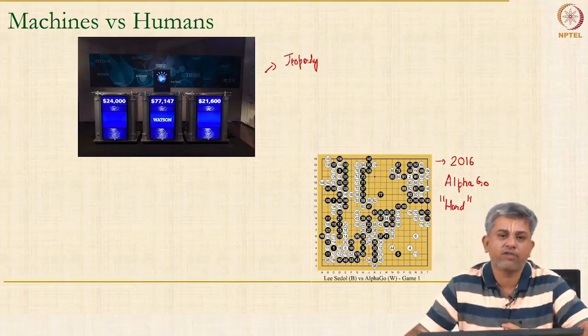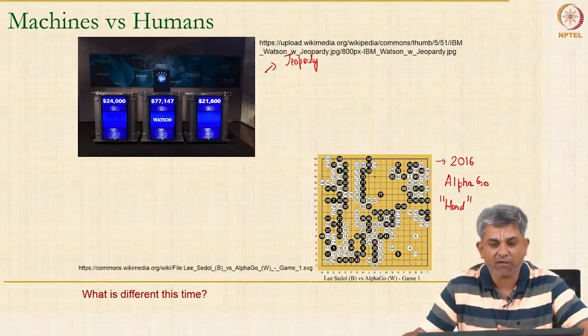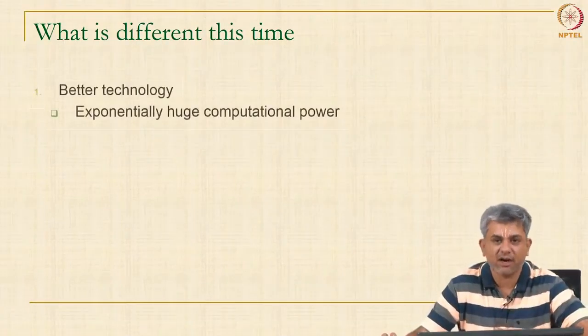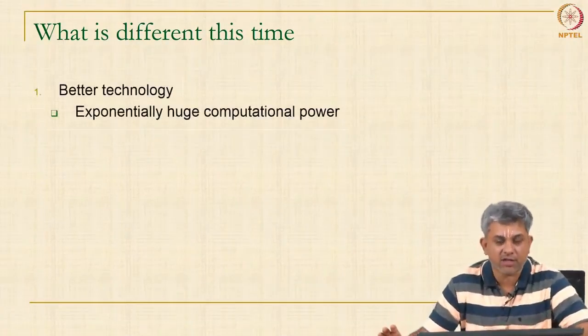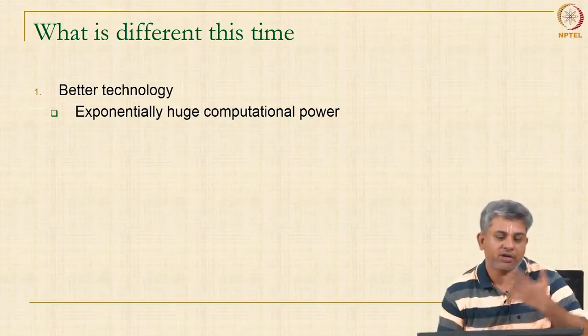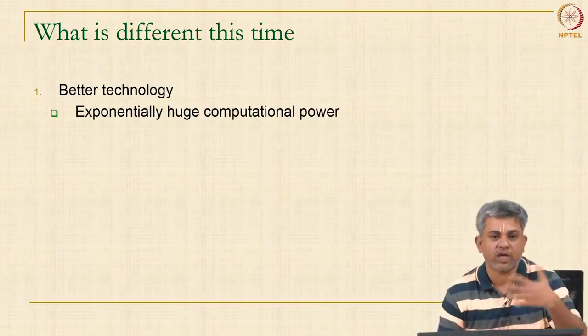So, these are two of the recent results, and they have been cause for again a recent hype cycle. So, the question is, is there anything different this time, and the answer is yes, at least there are a few tangible things that are different this time. We genuinely have better technology, and the computational power that is available today is exponentially huge compared to the difference between, let us say, the 1950s and 1970s, between two cycles.